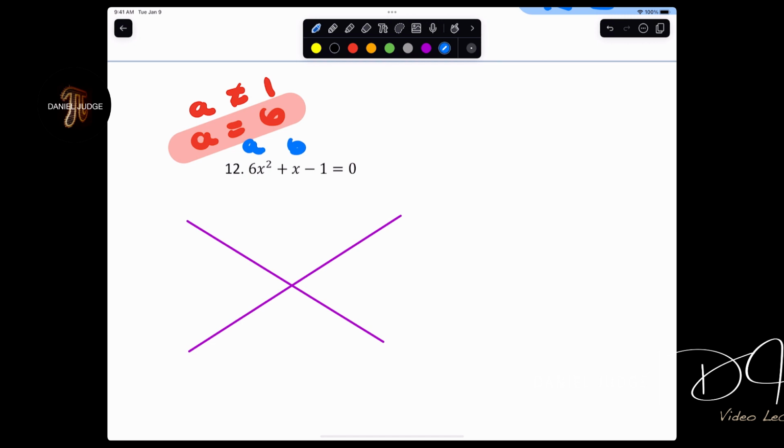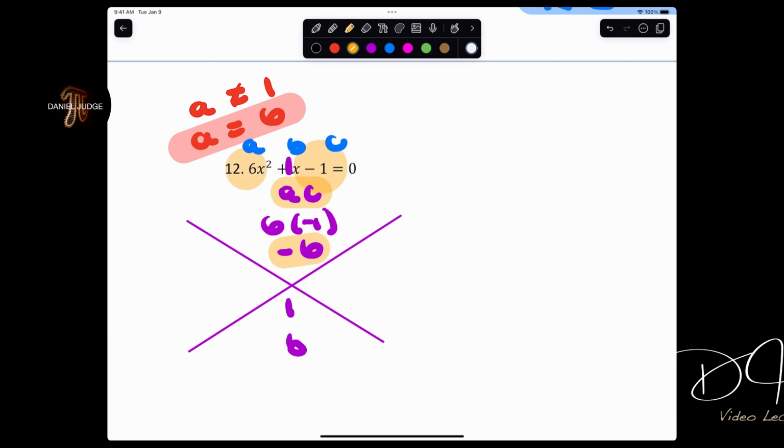The A, the B, the C. Now, A times C is 6 times negative 1 again, which will give you negative 6. And then your B value is positive 1. So, okay. A times C, negative 6. Your A is here. Here, B is positive 1.